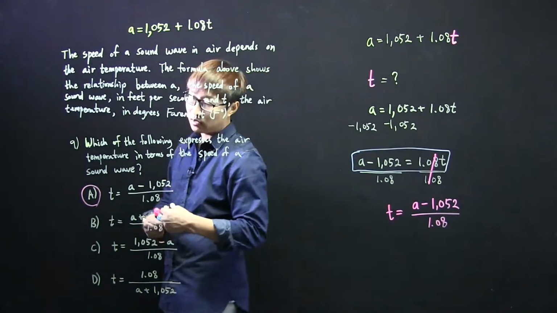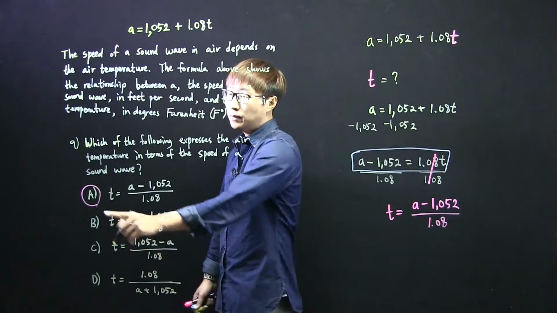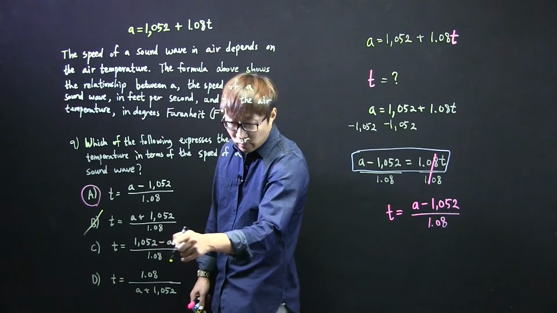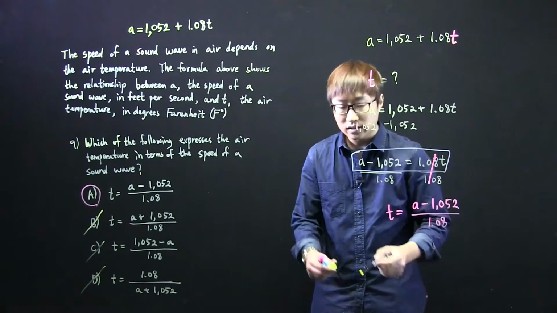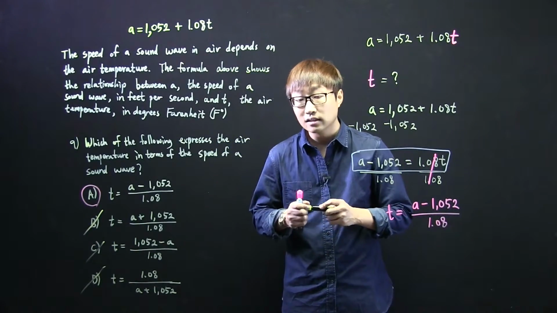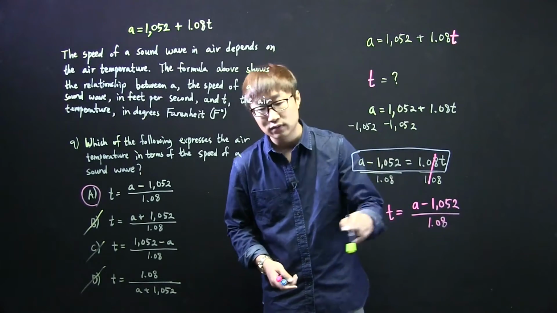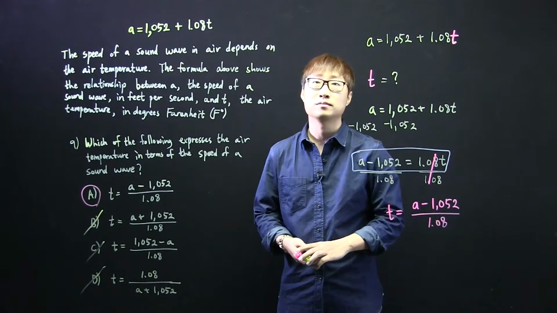I can go ahead and look at the choices. A minus 1052, it's got it. B, A plus, nope. 1052 minus A, nope. Nope. The only choice that you could have actually picked is A when you were on this step. You actually didn't have to solve the rest of the extra step in order to solve this problem.